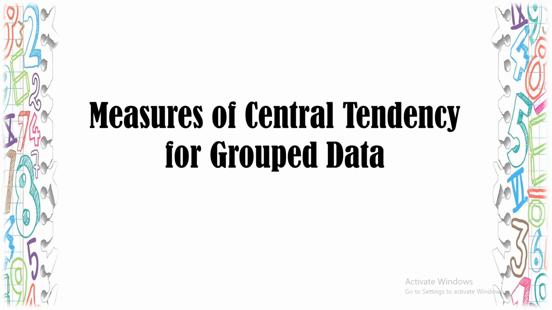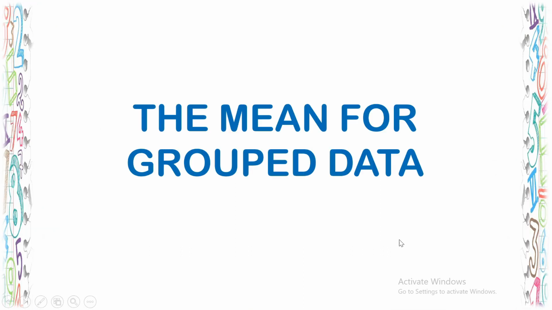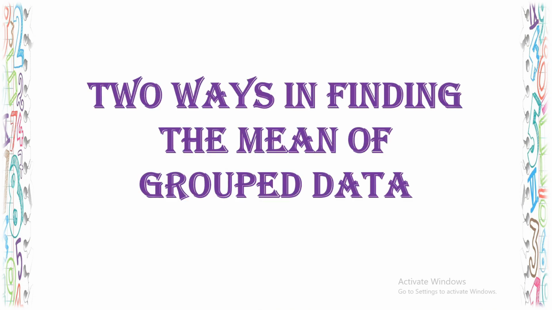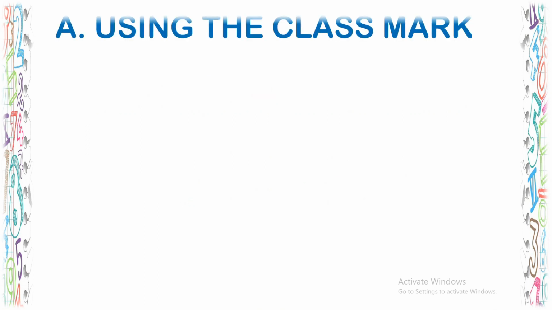Since we're done with the measures of central tendency for ungrouped data, let us now have the measures of central tendency for grouped data. The mean for grouped data. Now, there are two ways of finding the mean of grouped data. First is using the class mark.